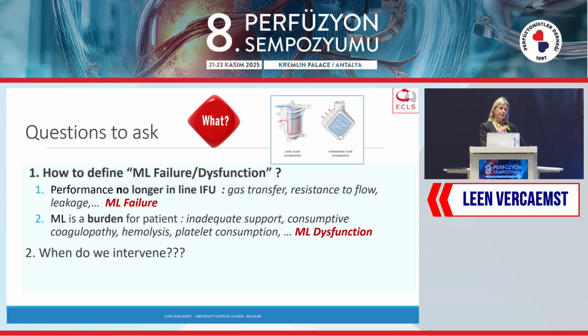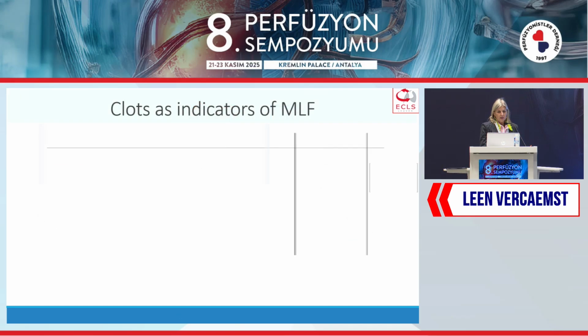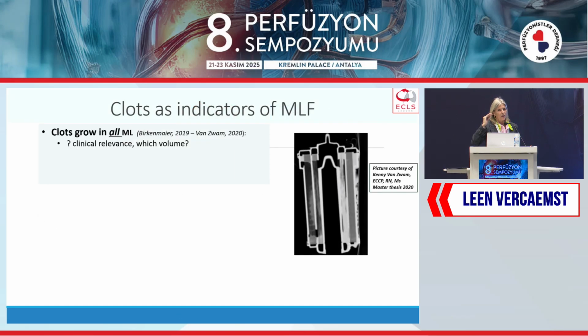So when do we intervene? With a failing membrane, or when a membrane is not functioning properly anymore? As we said, clots are the main reason for membrane lung dysfunction, so we should look for indicators. And we know from several studies, and this is one of them, that clot formation starts the moment you go on ECMO.